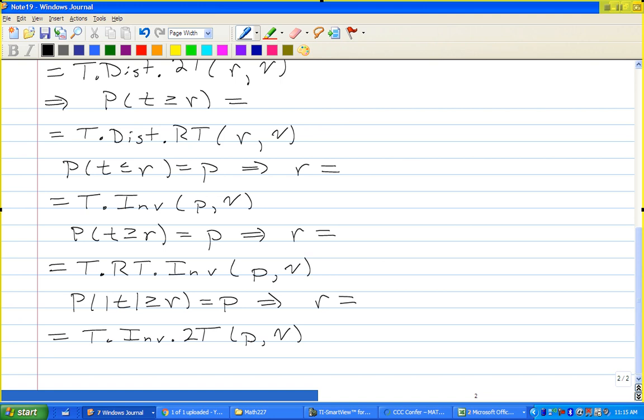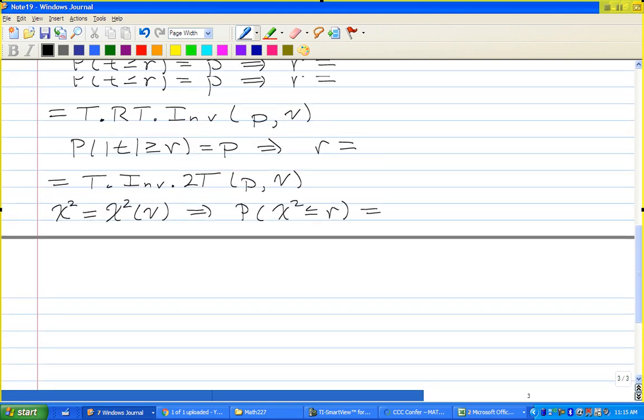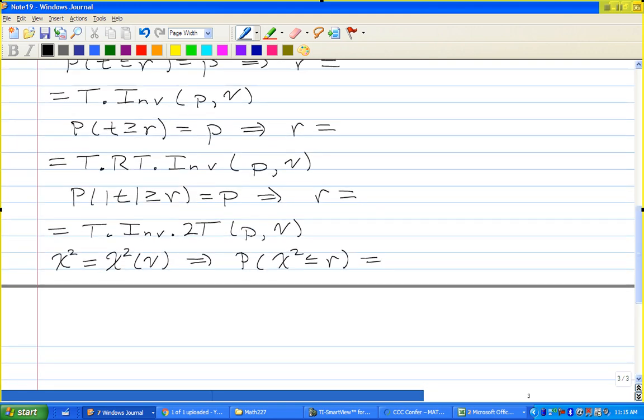And lastly, for chi-square, if you have some chi-square random variable with degrees of freedom nu, then if you wanted to figure out the probability that chi-squared is less than or equal to some value r, you could calculate that using the following command.